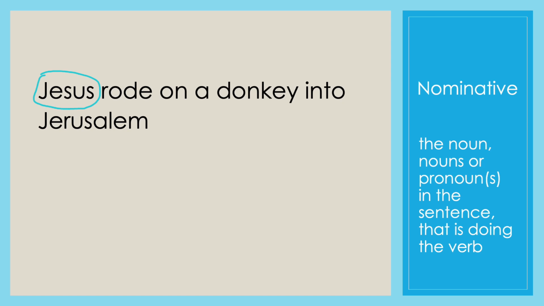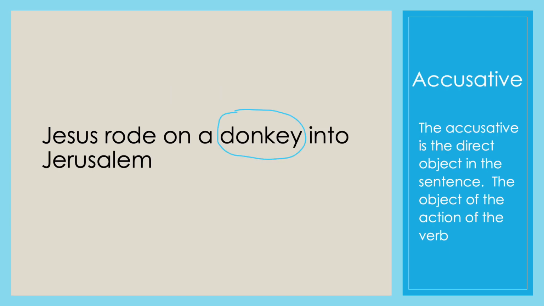Here's an example. Jesus rode a donkey into Jerusalem. Jesus is the noun and it is in the nominative because it is doing the verb rode. The accusative is the direct object in the sentence. Again, a noun.